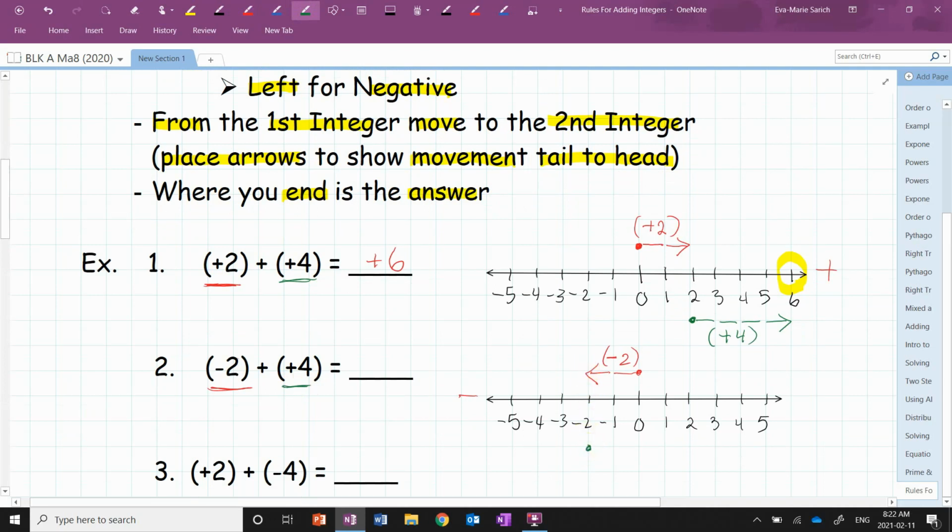So I'm going to be sitting at negative 2. And I'm going to move to positive 4. That means I'm going to go in the positive direction 4 spaces. So 1, 2, 3, 4 spaces. And where I finish up, where the head of the arrow is, that's my answer. So in this case, we can see that the answer is positive 2. Okay, so let's put the answer on the line.